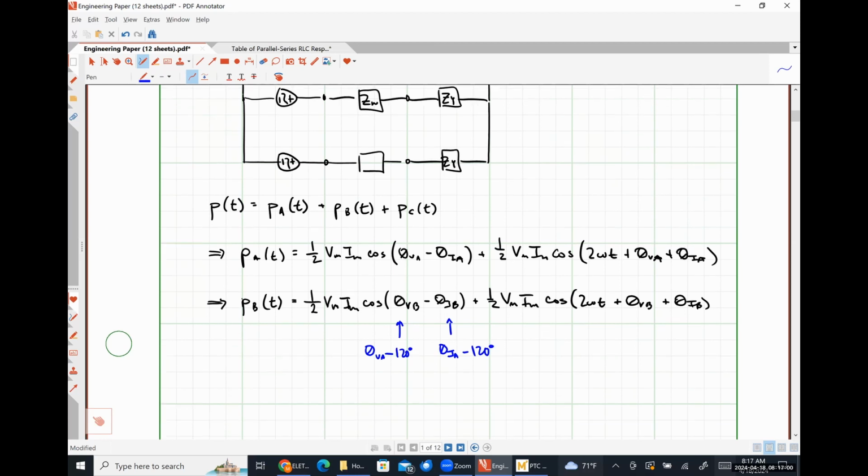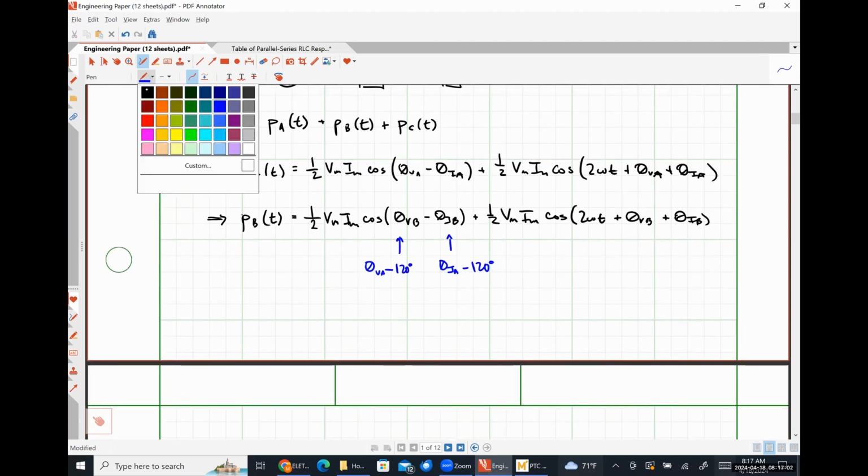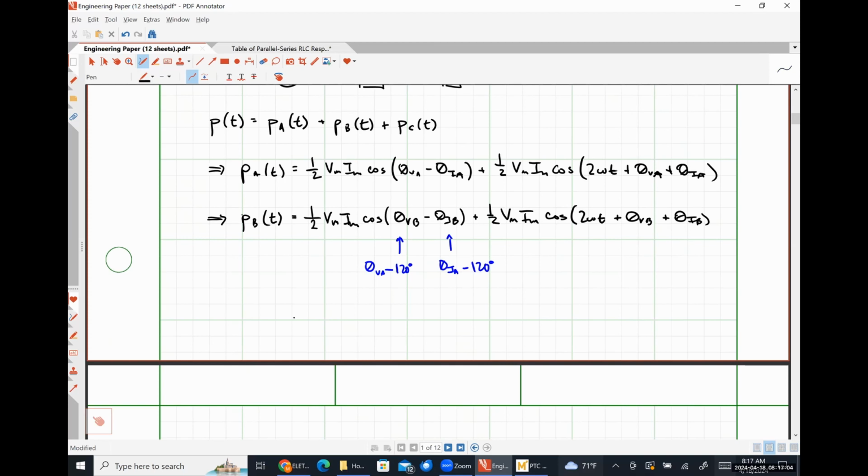So I could express my instantaneous power for the B phase as 1/2 VM IM cosine(theta VA minus theta IA) plus 1/2 VM IM cosine twice omega t.